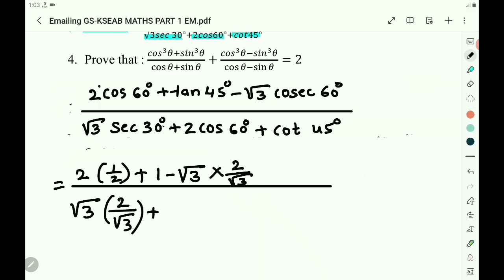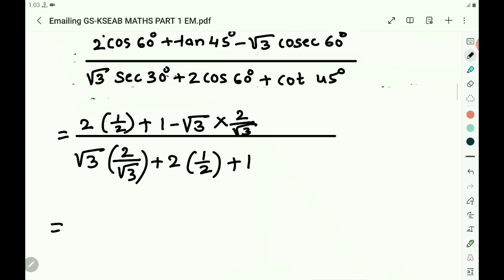Plus 2 cos 60 degree. Write 2. What is the value of cos 60? Cos 60 is 1 by 2. So 2 cos 60 is 2 into 1 by 2, plus cot 45 degree. Cot 45 is 1. Equals. Then you write root 2.